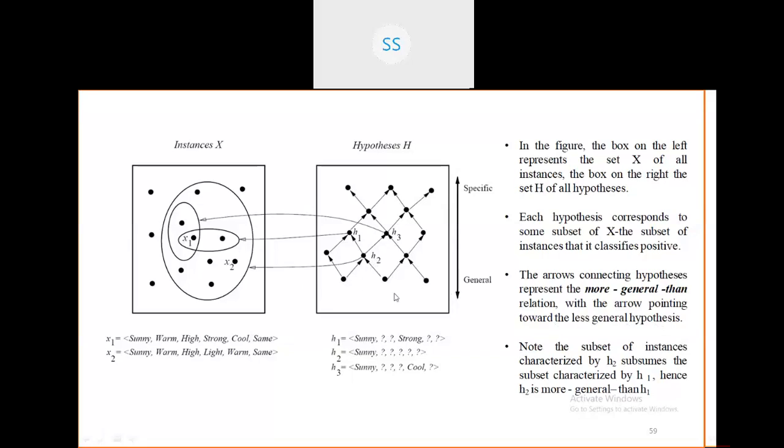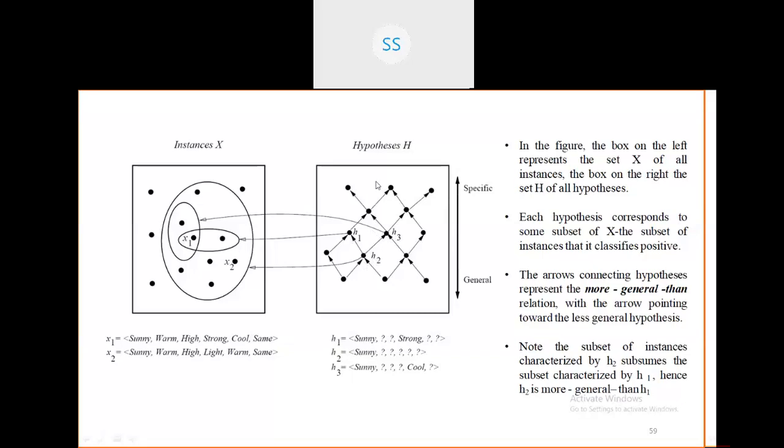Here you can see the more general hypothesis, H2, with arrows going towards H1 and H3, which means H2 is more generic compared to them. They are more specific.